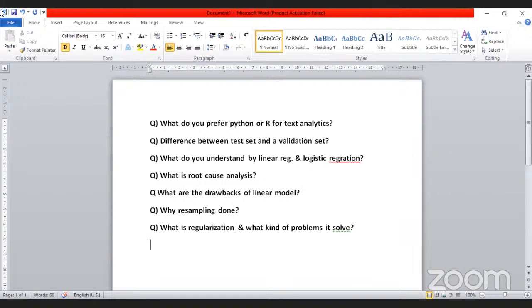That means we are retraining our model with the help of some additional information to solve certain issues.